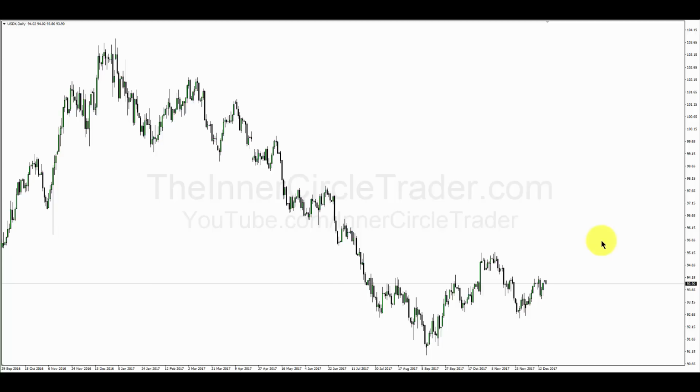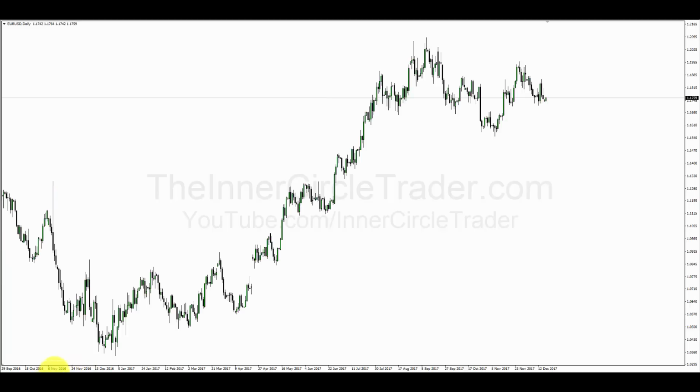That means the things that we would see and expect to see unfold in the lower time frames, just not tied to any real time element, we would still expect those same phenomena to occur on higher time frame charts like the daily. If we go over to the euro dollar, you can see the opposite has happened. This market has trended higher as the dollar index itself traded lower. We've seen the market trade sideways as we saw on the dollar index.